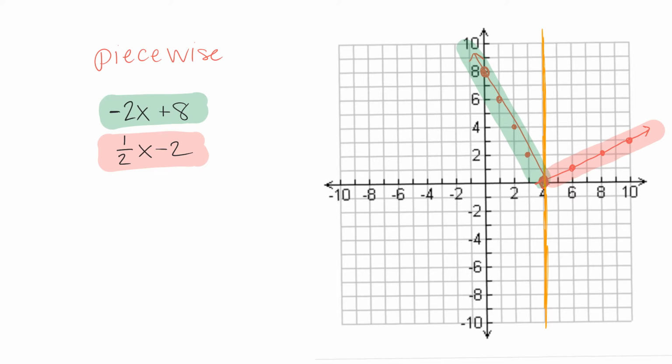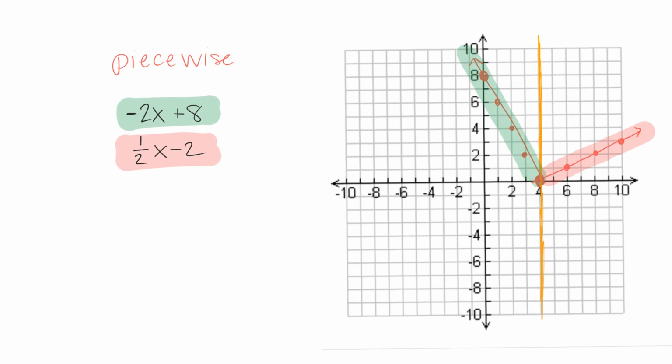Now, those are my two functions, but I'm not really done writing this out. Where is the function switching over? When does that happen? Well, it's happening right here on my yellowy orange line, and that's at 4.